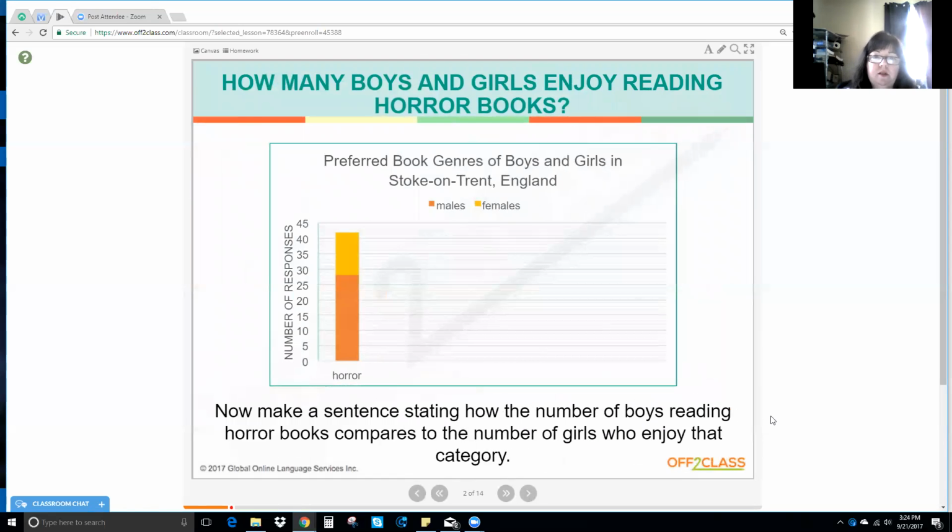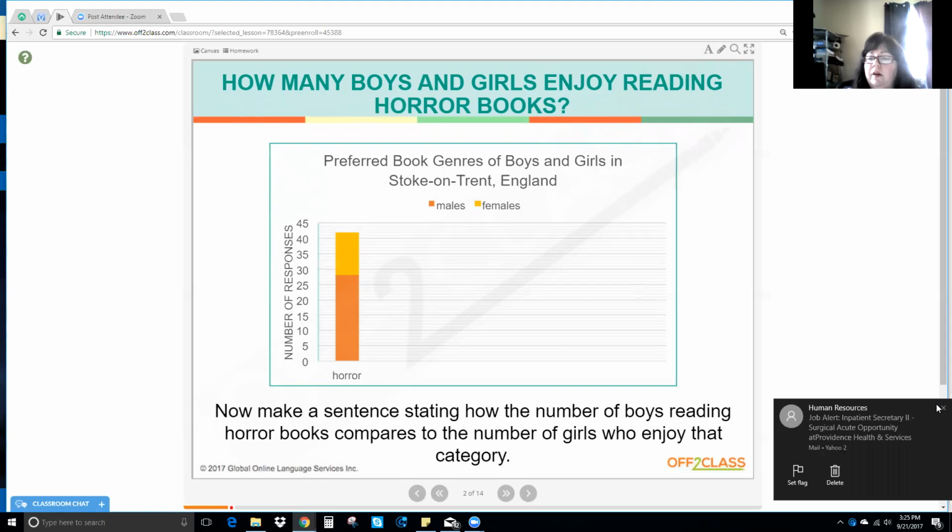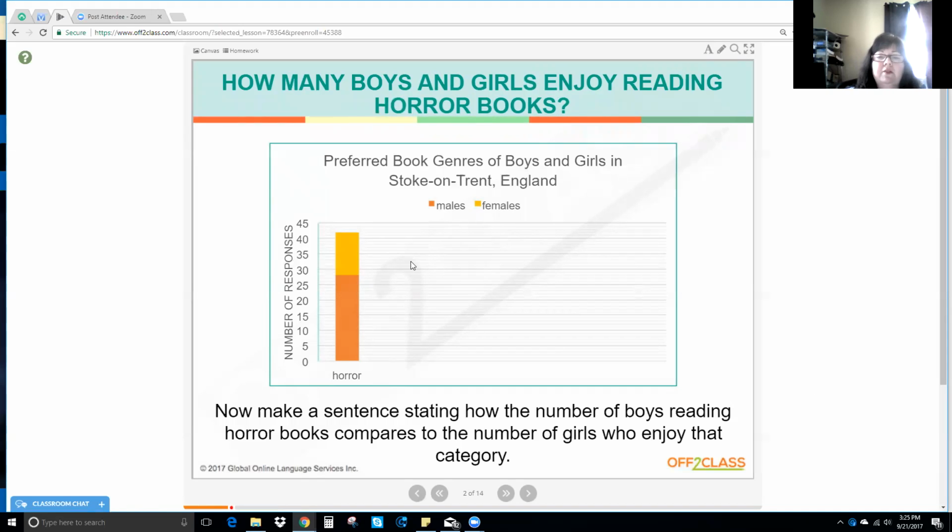Okay, so here's an example of a bar graph, and they're asking you to make a sentence stating how the number of boys reading horror books compares to the number of girls that enjoy that category. So you'll need to be able to first understand the question, and understand what the results are for.